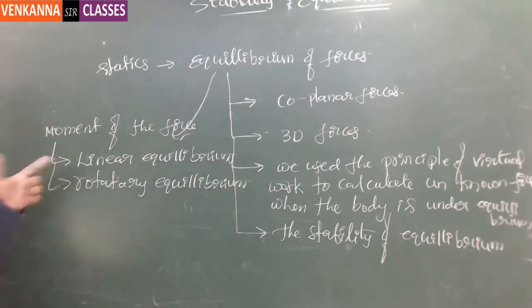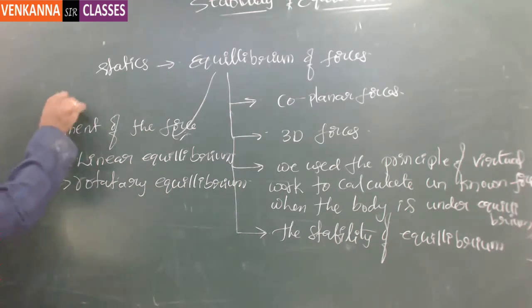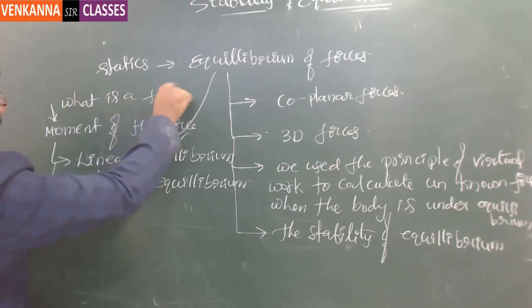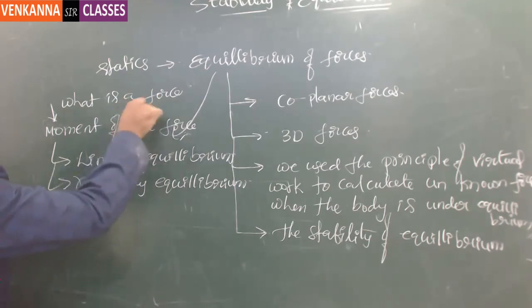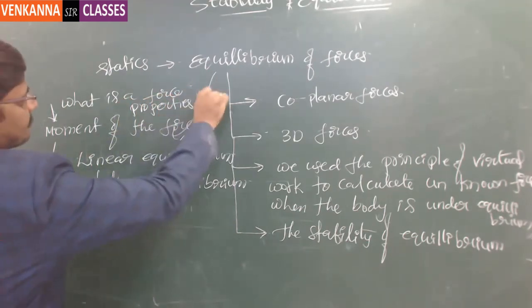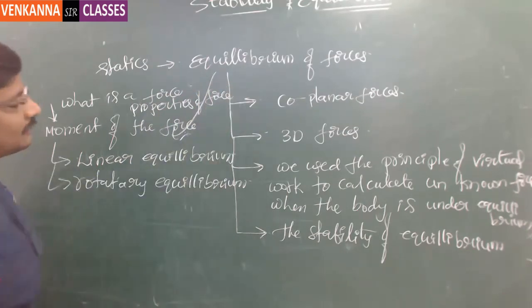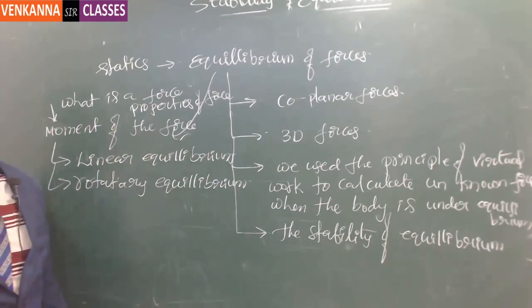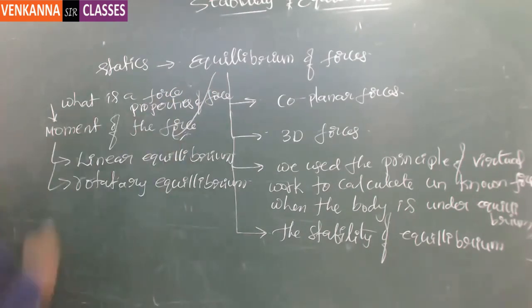So these aspects we have to be aware of. And before even the movement of the force, you have to be aware of what a force is and the properties of the force. So three important properties of the force: the point of application of the force, the line of action of the force, and the magnitude of the force. So these are the three important properties.